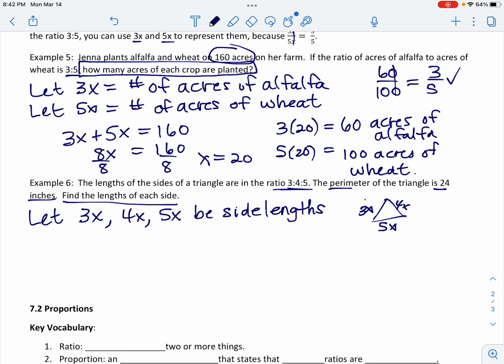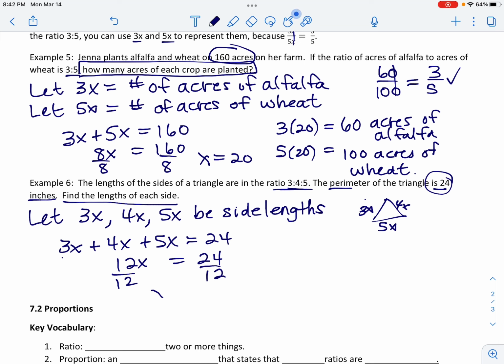So I have 3x plus 4x plus 5x, and the perimeter of the triangle is 24 inches, so that has to equal 24. Combine like terms: 3 plus 4 plus 5 is 12x equals 24. Divide both sides by 12, so x equals 2.